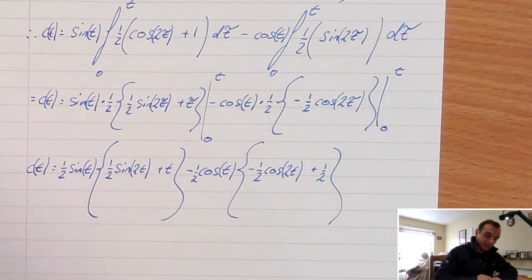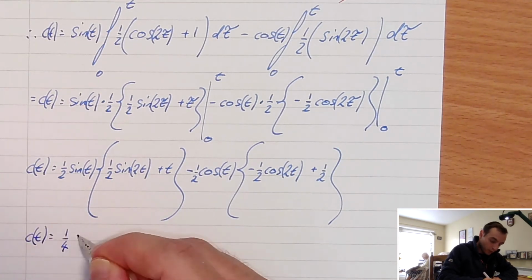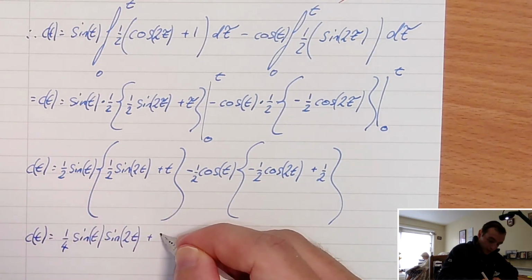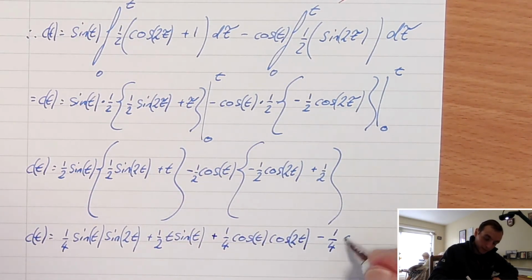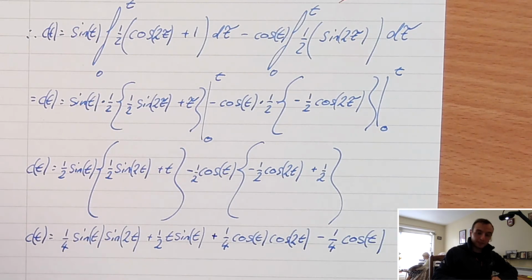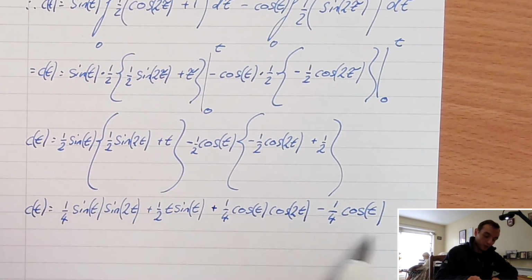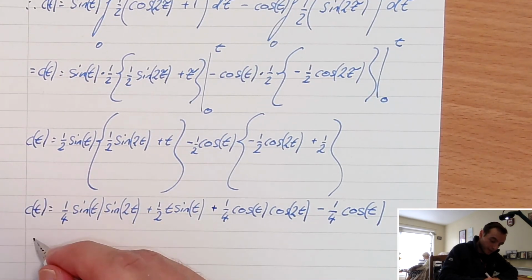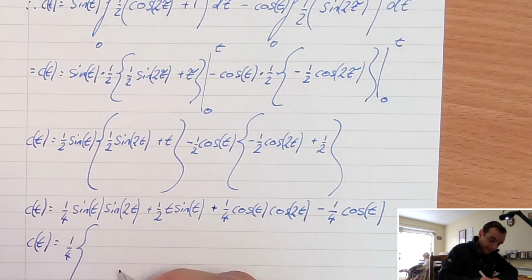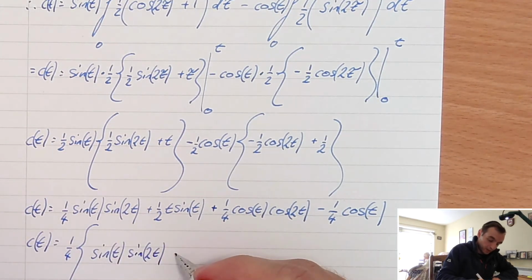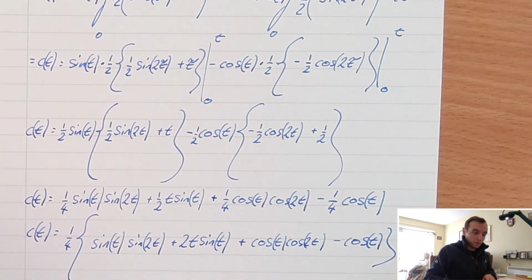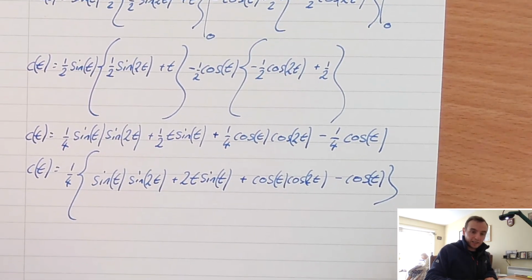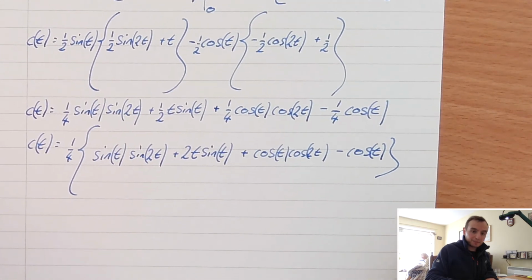So let's just expand these brackets. And what we can do to simplify this, we can take out the quarters, because there's lots of quarters here. Now, when we get to this stage, it can look a little bit intimidating.